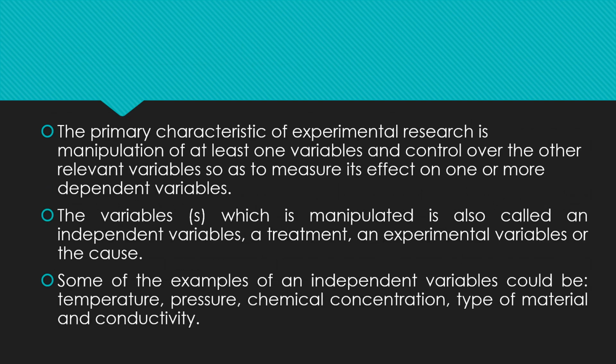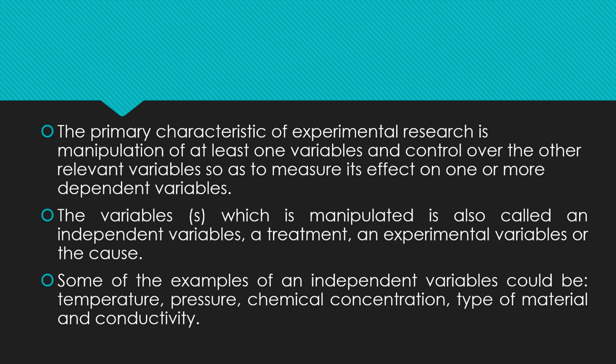So the primary characteristic of experimental research is manipulation of at least one variable and control over the other relevant variables, so as to measure its effect on one or more dependent variables. The variable which is manipulated is also called an independent variable, a treatment, an experimental variable, or the cause.